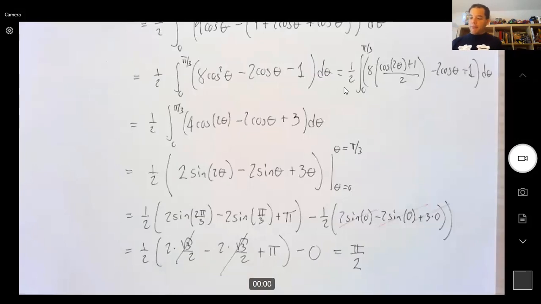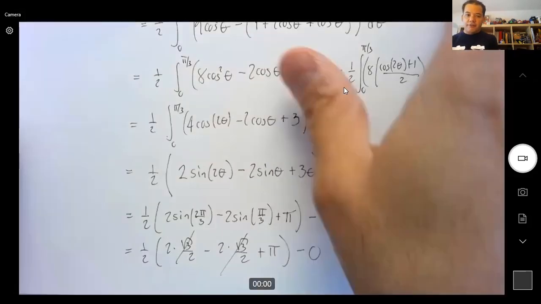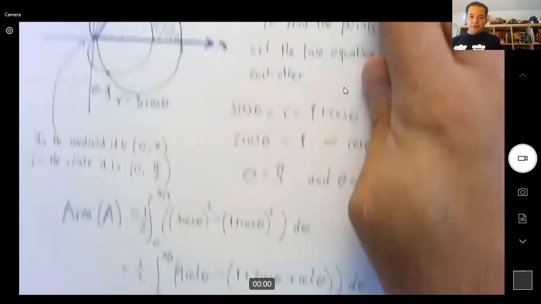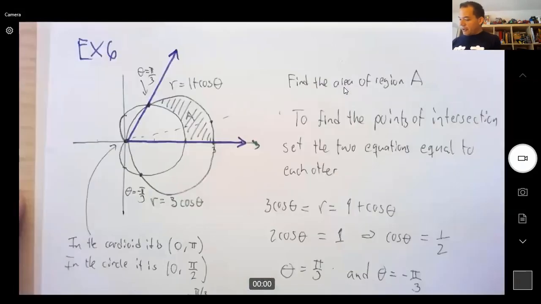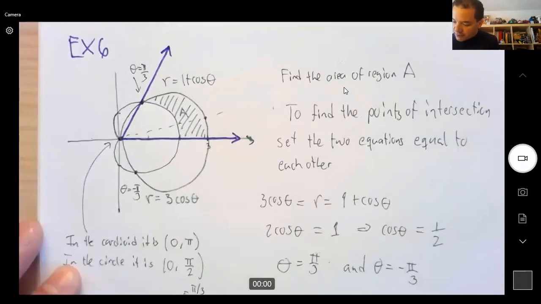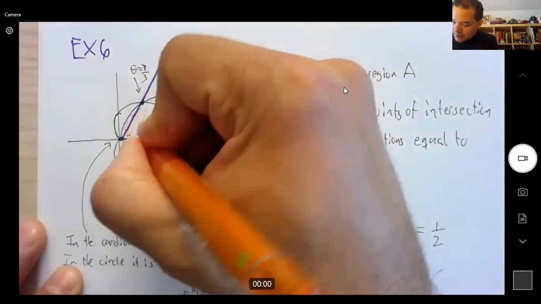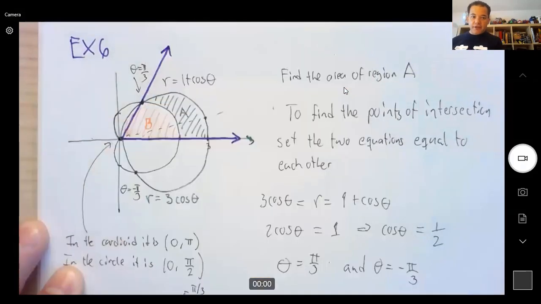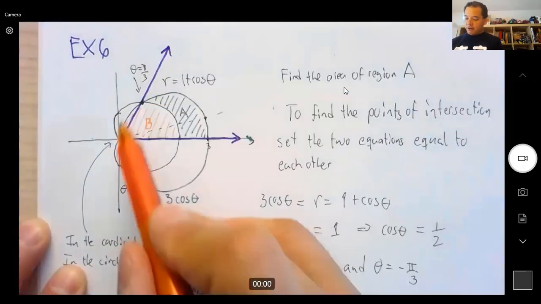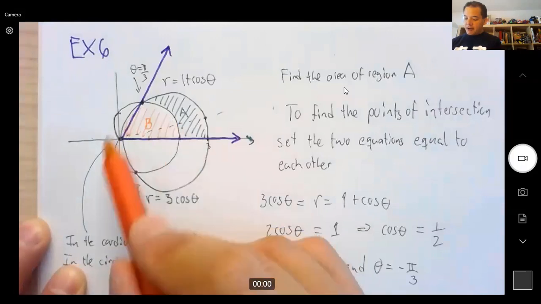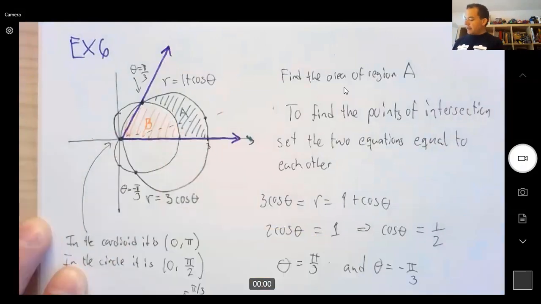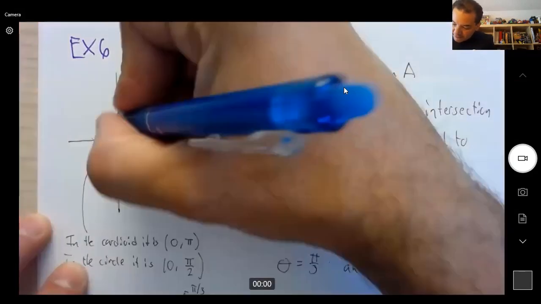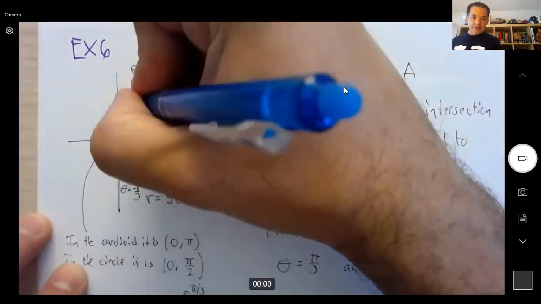The rest of the problem is to figure out the other regions. Let's go back to the figure. So the other part of the problem is to figure out this one. That's B. So that's the region inside the circle, and inside the cardioid. And the last question is this other region over here, which we call C.